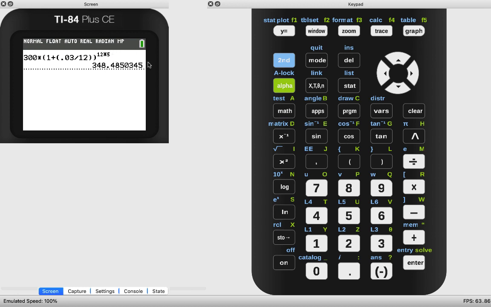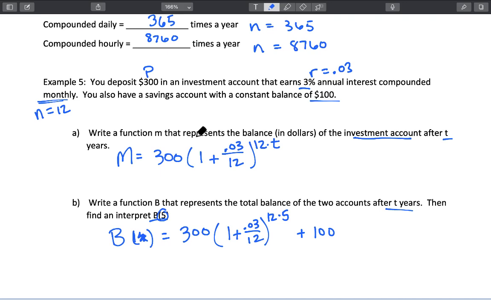But remember, we need to add $100 to that because that's going to be the combination of both of those accounts. So $448.49.